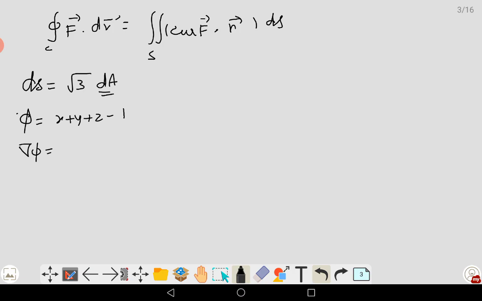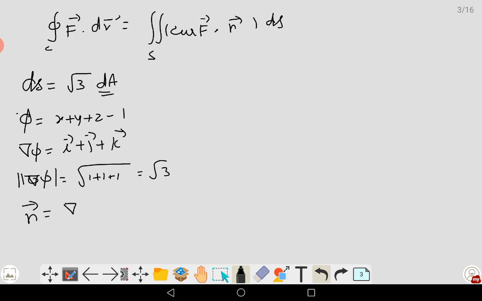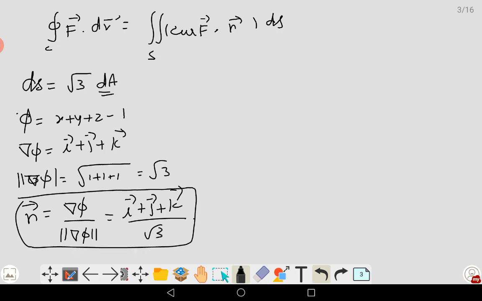Therefore del phi has been found, i j k. What is the norm of this vector? Square root of 1 square plus 1 square plus 1 square, that is square root of 3. Therefore n vector is del phi, the gradient of the scalar, divided by its norm, which is i vector plus j vector plus k vector over square root of 3.